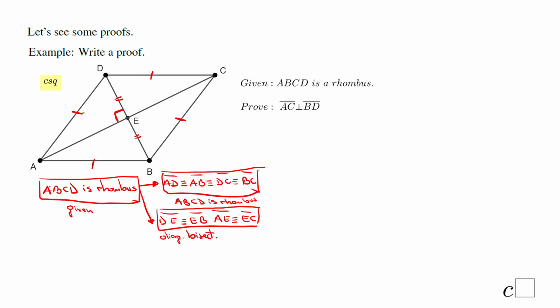Okay, but now also we have this as a common side. Now let me erase this right angle here, because that is what we need to prove, right? We're going to write only what we can prove or assume. And now we have AE is congruent with itself. And if you remember, the reason for this is the reflexive property.